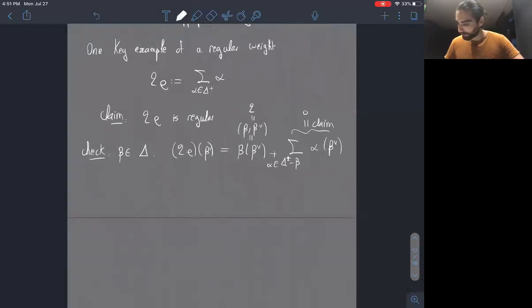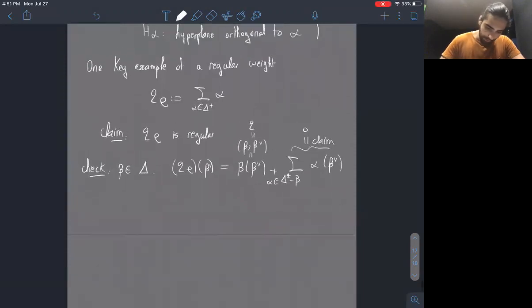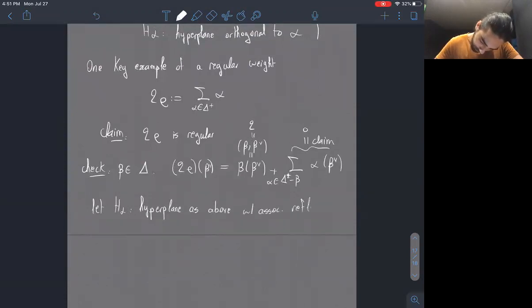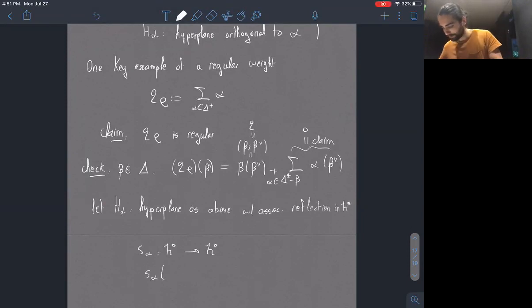This uses something that we'll define in a moment. So if we let H alpha be the hyperplane as above, with associated reflection in H star given by S sub alpha. So this is an endomorphism of H star.